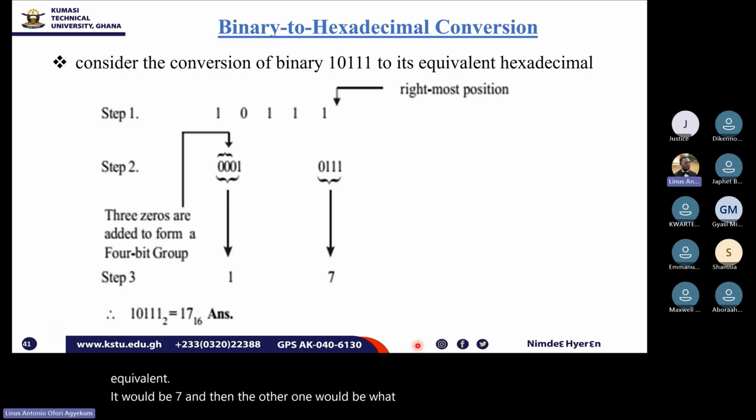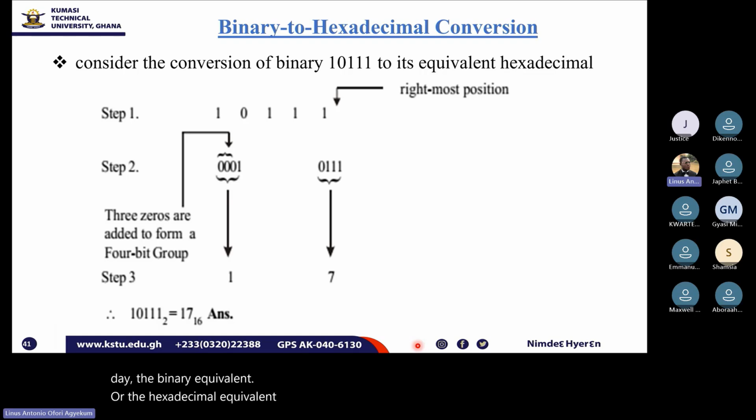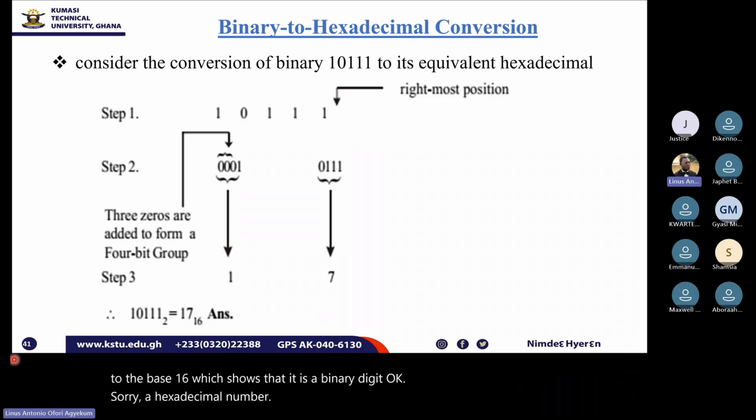So at the end of the day, the hexadecimal equivalent of binary 10111 is 17 subscript 16, or 17 to the base 16, which shows that it is a hexadecimal number. Please, do we understand? Yes, sir.